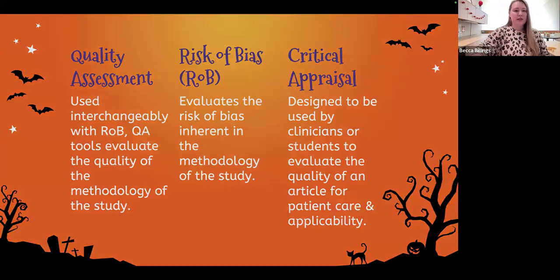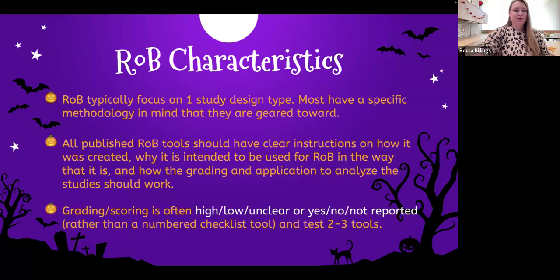And actually, that's in the next poll. Some of you might have used a lot of critical appraisal tools. Those are usually set up as a checklist, but as far as risk of bias characteristics, ROBs, they don't care about applicability of the study at all. They only care about the methods portion of the study design, and if those methods were conducted in a methodically sound manner.